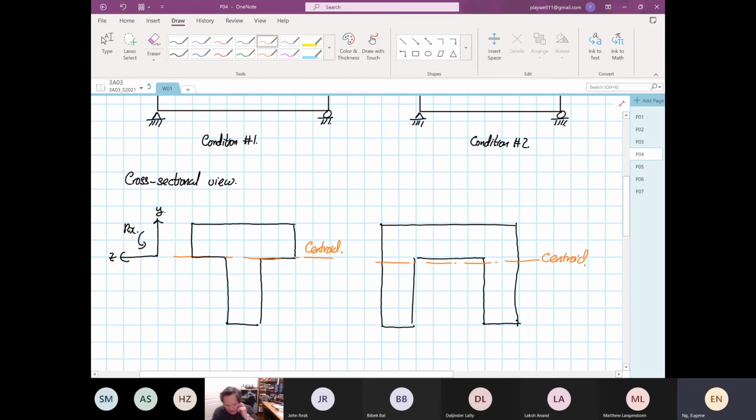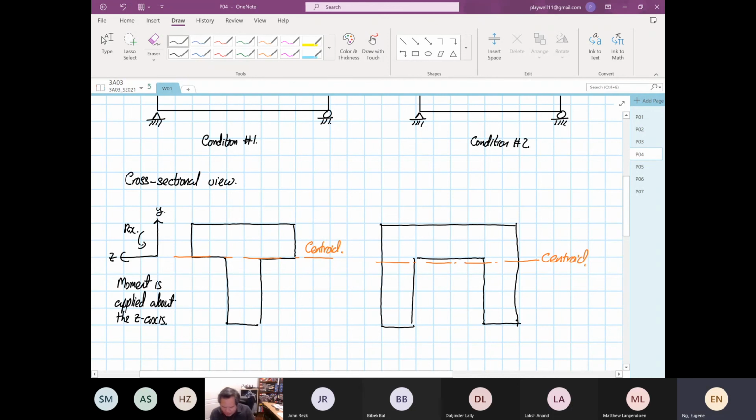Now, can anyone tell me which one is symmetrical bending? The left or the right one? Is it the T or the N that will have symmetry? I'll give you another condition: the moment is applied about the z-axis.